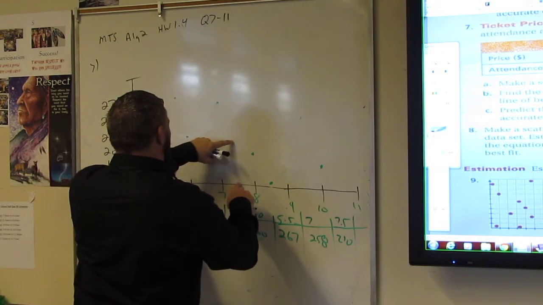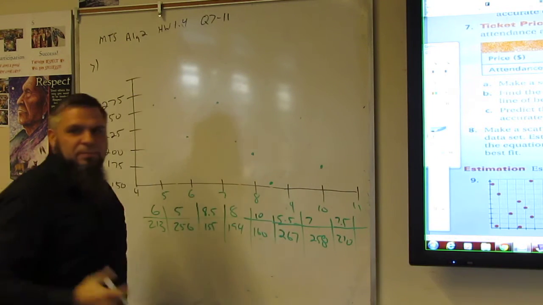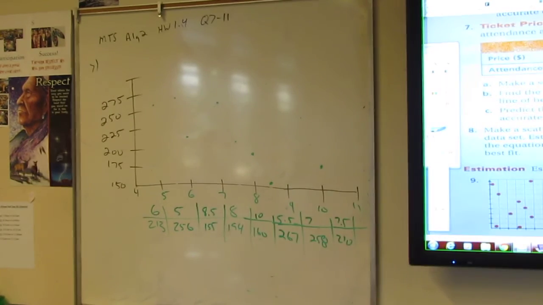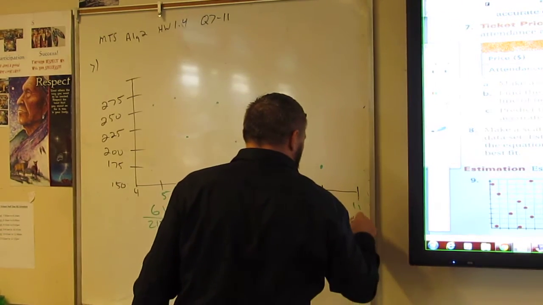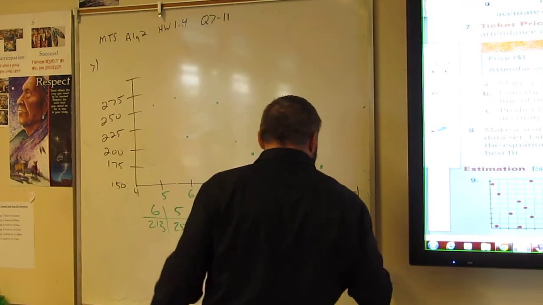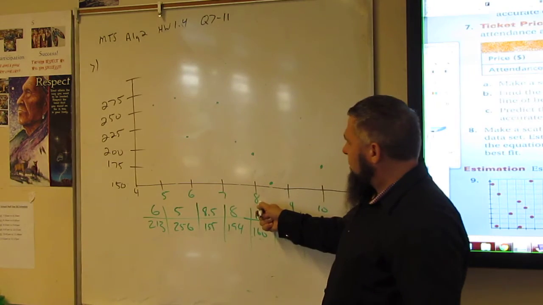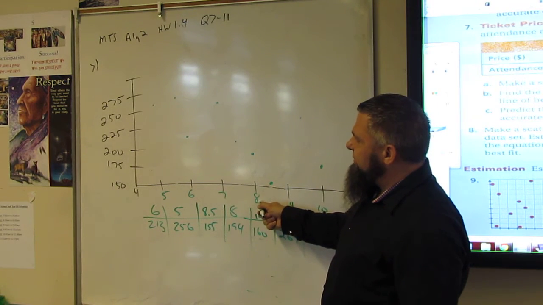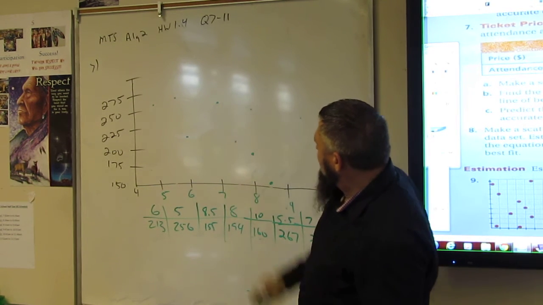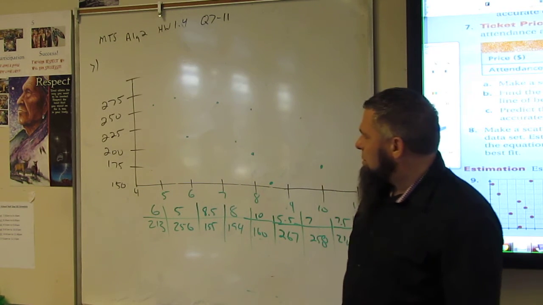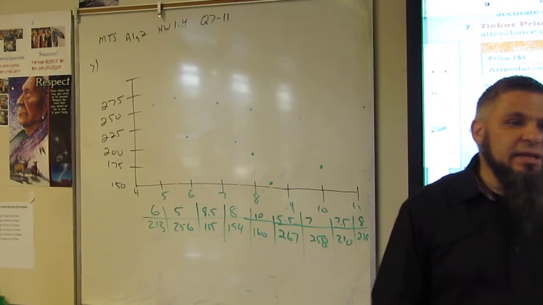And I just want to make sure that I'm recording, right? We are recording. And then the last one is 8 and 235. So 8 and 235, right there. Okay? Now that's our scatter plot.